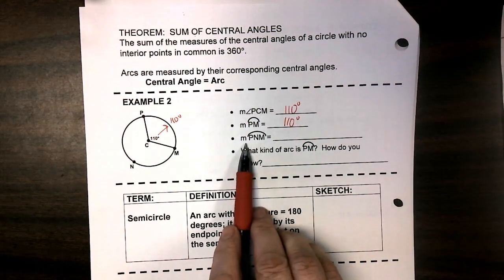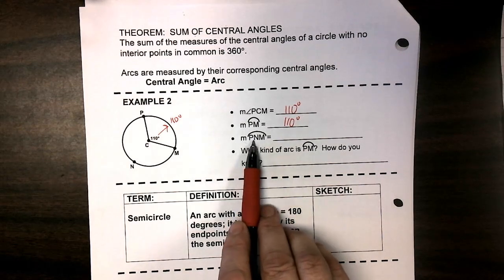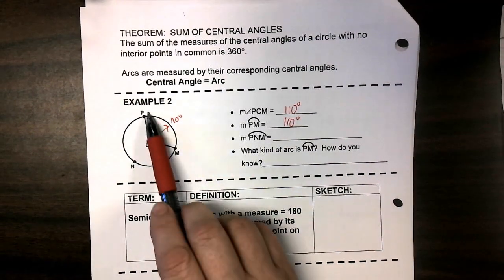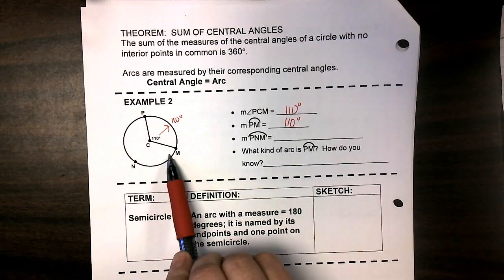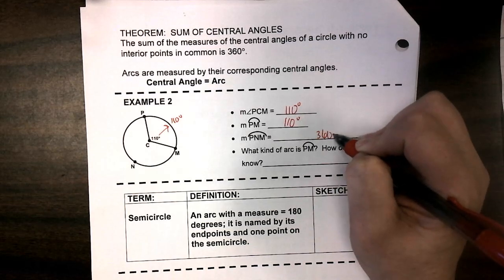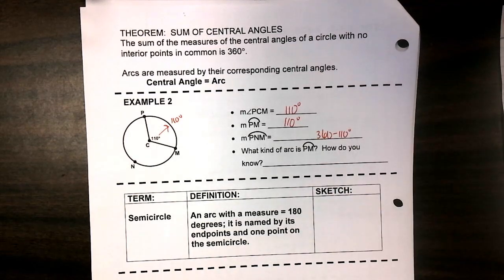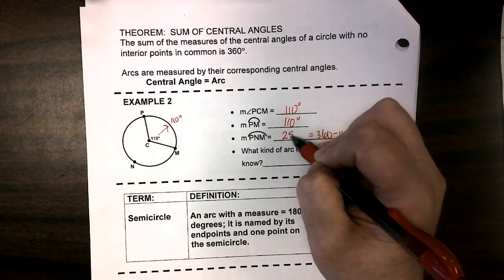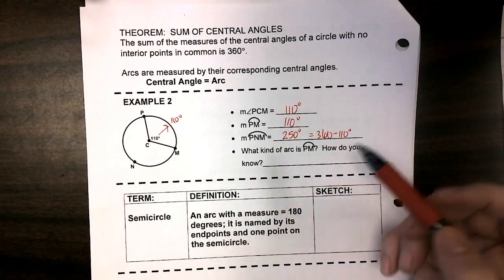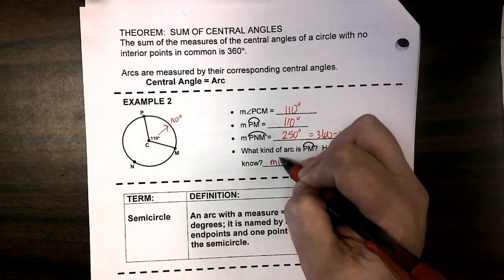And then the major arc, because it's 3 letters, I know it's a major arc, P to N to M, going that long way around, that is going to be 360 minus the 110 of the minor arc. When we do that, 360 minus 110, we get 250 degrees. So then what kind of arc is PM? Remember, it's got 2 letters, so it is a minor arc.